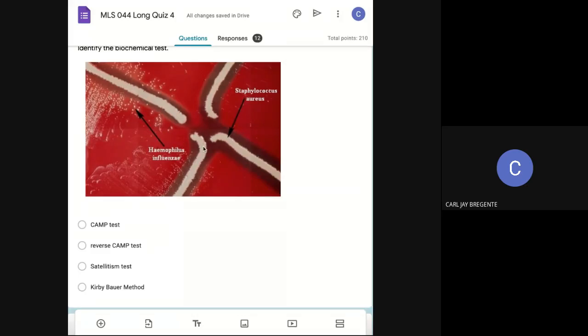First, you streak the Haemophilus or suspected Haemophilus organism, and then you streak the Staphylococcus aureus in between. If there is growth, class, then that is positive for the satellite test, because again, Staphylococcus contains V factor.